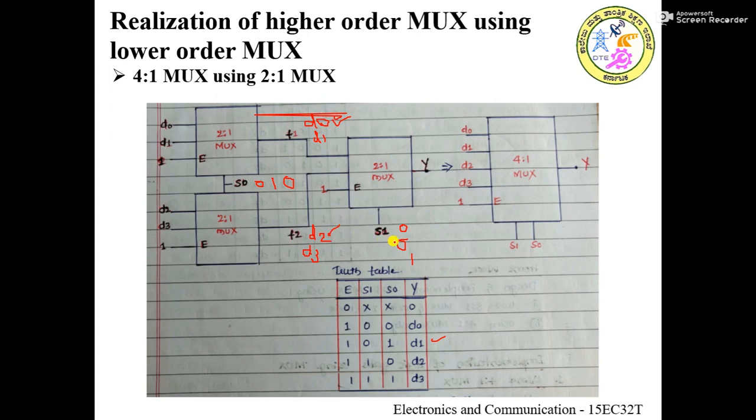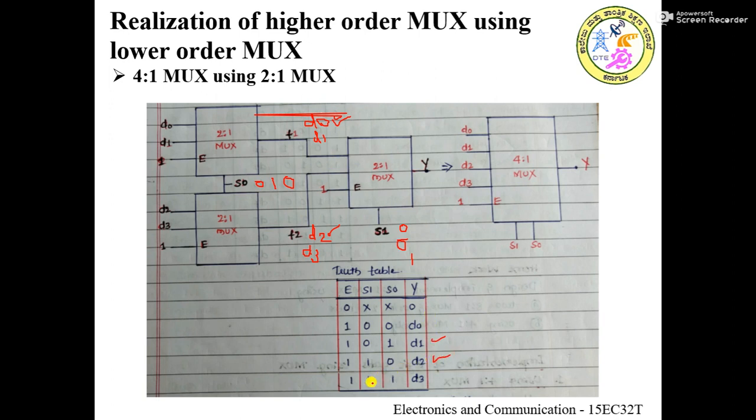But now consider this case, since S1 is 1, it will select F2 rather than F1, because the second line will be selected. So the second line content is D2, so D2 will be routed to the output line Y. Clear?